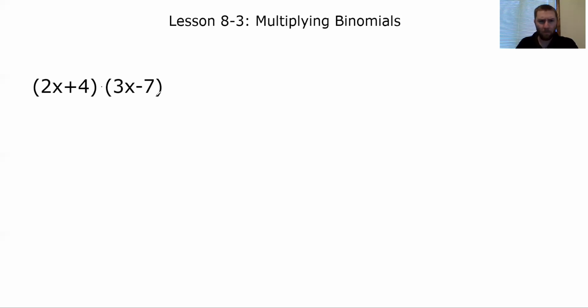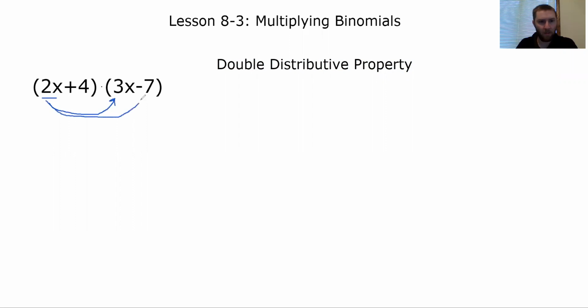The first way that we can do this is what I call the double distributive property, and that is exactly what it sounds like. It's doing the distributive property, but doing it twice in the same problem. In this particular case, we distribute the 2x to both of the pieces in the other set of parentheses, so times the 3x and times the minus 7.